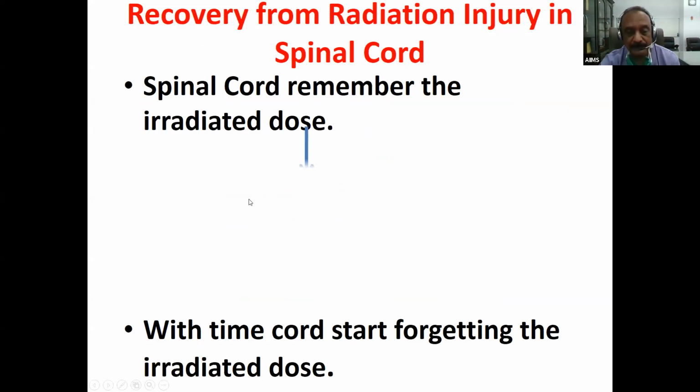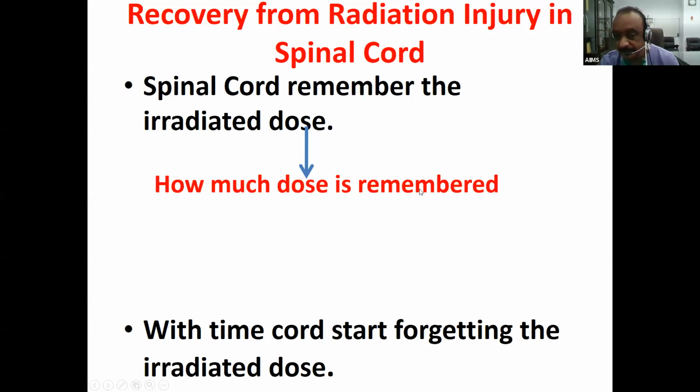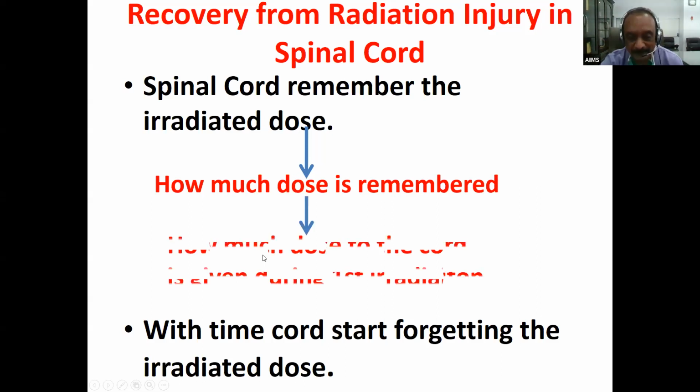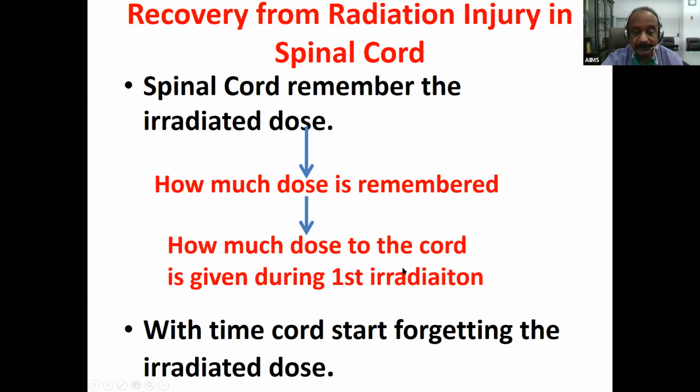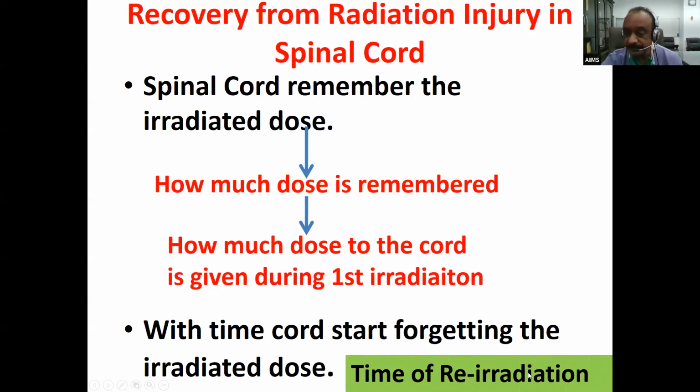One, how much dose is remembered at the time of re-radiation by the spinal cord, and this in turn will depend upon the priming dose, which means how much dose you have delivered to the spinal cord during first irradiation, right? And second, the parameter on which the spinal cord dose during re-radiation will depend is the time of re-radiation. I will discuss them one by one.